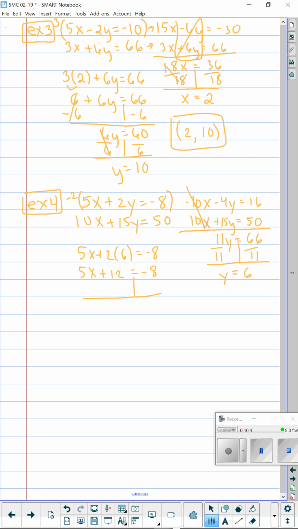And then, one more, subtract 12 from both sides. So that 5x equals negative 8 minus 12, which is negative 20. And then divide both sides by 5. So that x equals negative 4. And then finally, my answer is negative 4, 6.